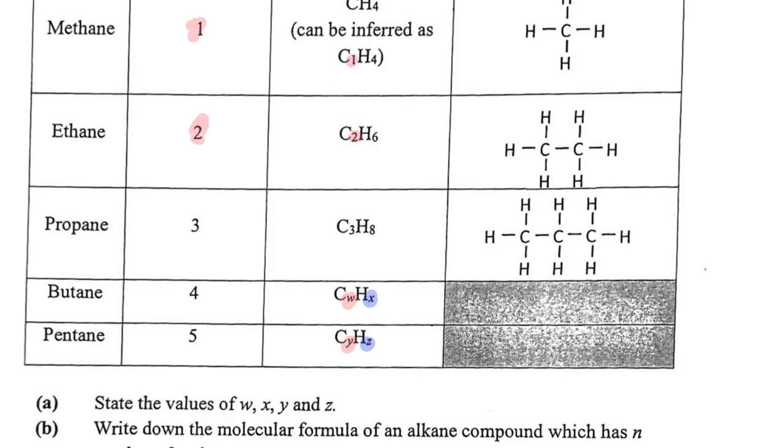If n equals 2, 2, 3, 3, 4, W will be 4, 5, Y will be 5. So this is pretty straightforward.